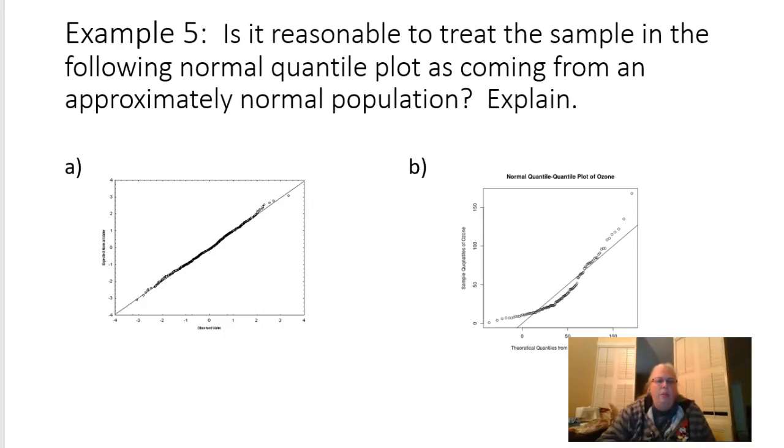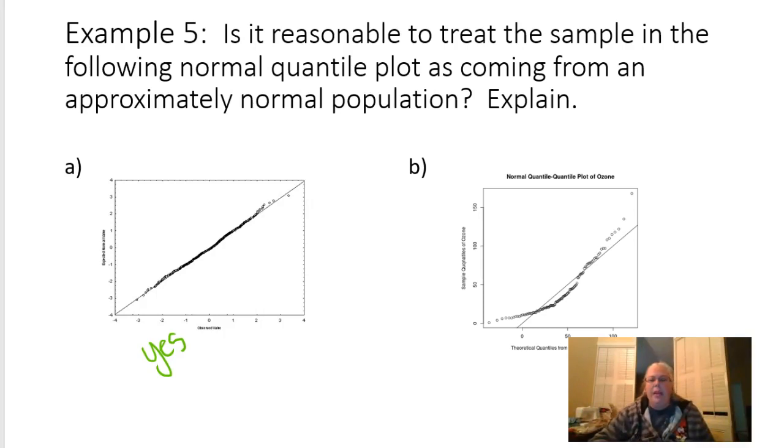While they're not in a perfectly straight line, they do suggest a straight line. And we could imagine one in there if the line were not already drawn for us. So this one we could say yes, because the data points fall very, very close to a straight line, we can treat this sample as coming from an approximately normal population.